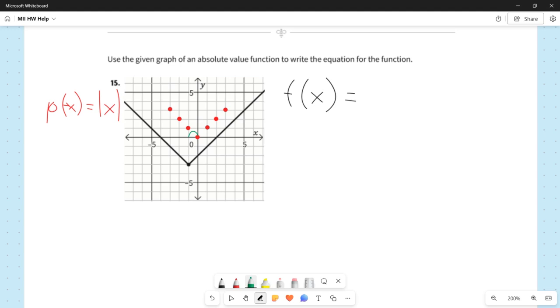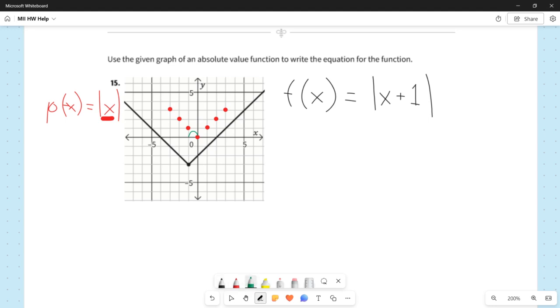And when you have a horizontal shift like this, that tells us that we have taken our input, which is x, and because we're going to the left, it means we add 1. So in the parent function, you have x, and in our new function, you have x plus 1, and that is inside the absolute value. We've replaced the x with an x plus 1.